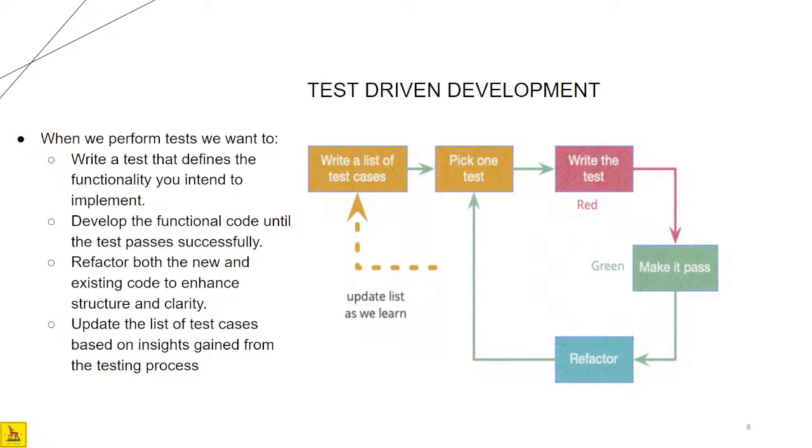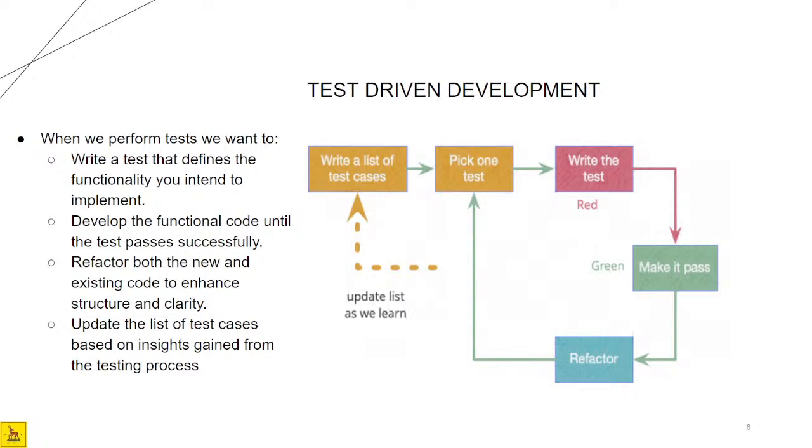We're going to see if the test passes. We're going to refactor our tests to make them more efficient and functional. Then we're going to update the list as we learn.